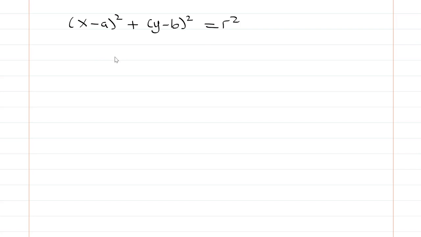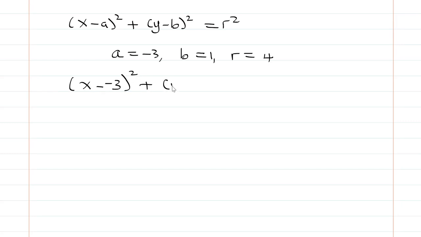And our center was -3 and 1. So our a was -3, our b was 1, and our r was 4. Simply substitute. So we shall have x minus -3 squared plus y minus 1 squared equals to 4 squared in the formula.